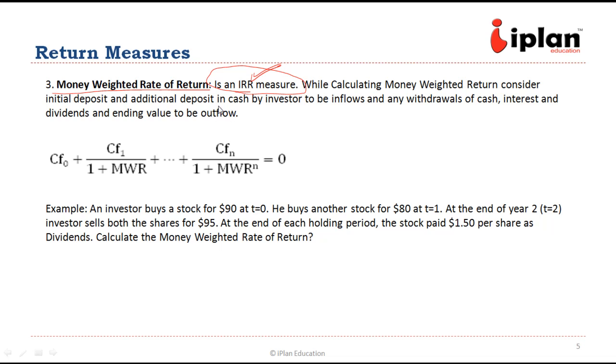The initial deposit and the additional deposits are the inflows to the account and are taken as positive, and withdrawal of cash, interest or dividend is taken as outflow from the account and taken as negative. Based on these conventions, we can put these values in the formula, and same as IRR calculation, we can find out money weighted average return.